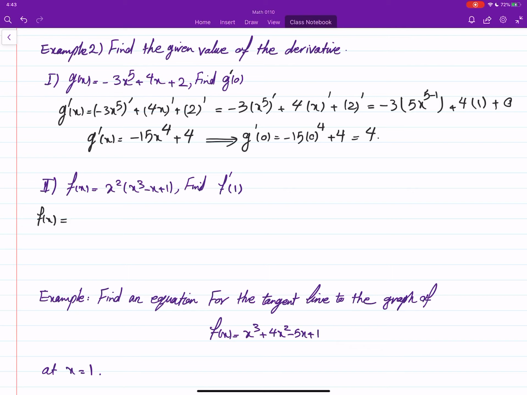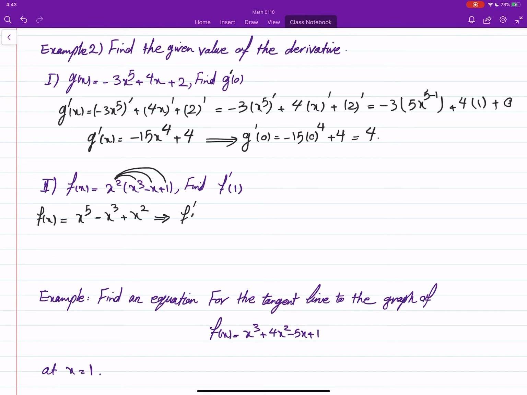But for this example, you can first distribute x over this bracket. So this will be x squared times x cubed is x to the 5, minus x cubed plus x squared. I didn't do differentiation. This is just an algebraic thing. I just multiplied.